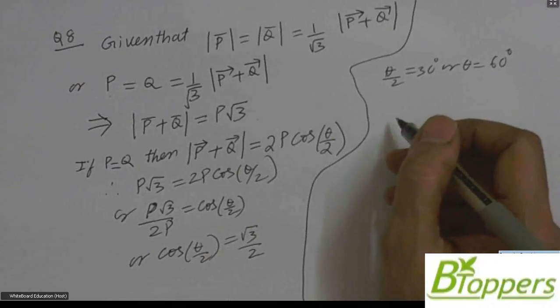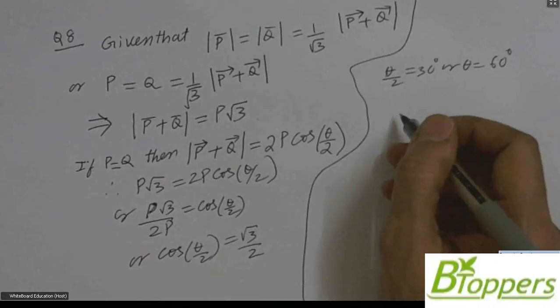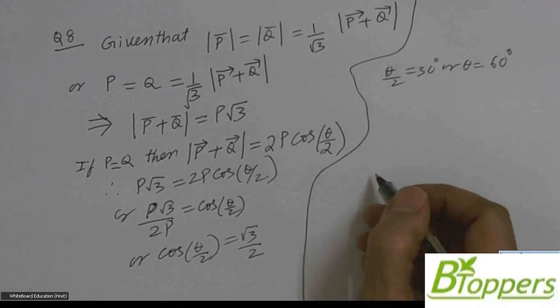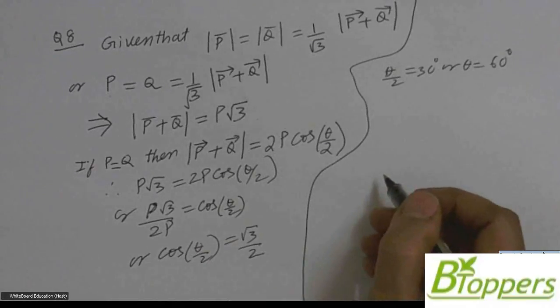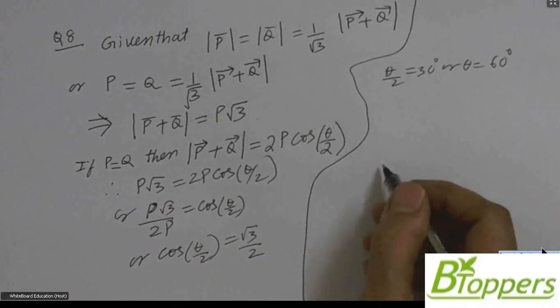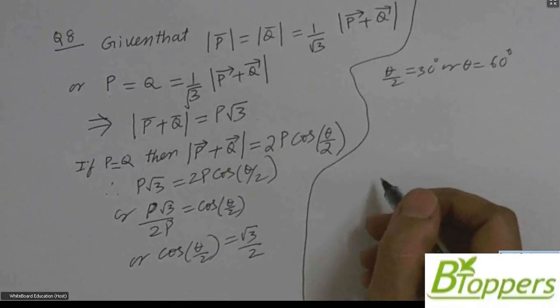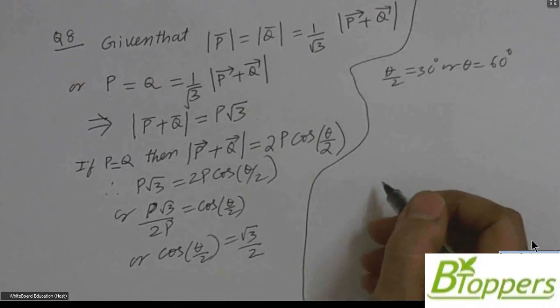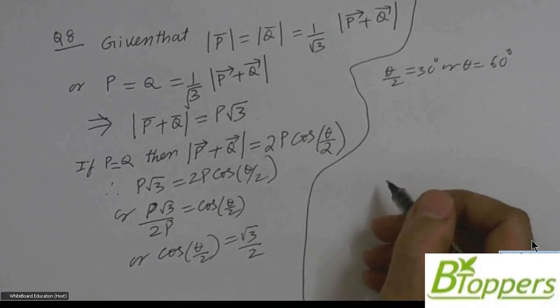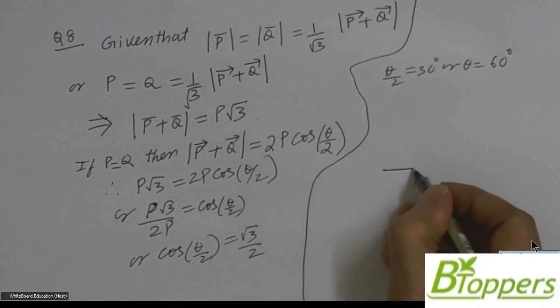So we make use of the conclusion I have discussed previously. In general, if two vectors of same magnitude have different lines of action, then their vector sum or resultant bisects the angle between the two vectors.